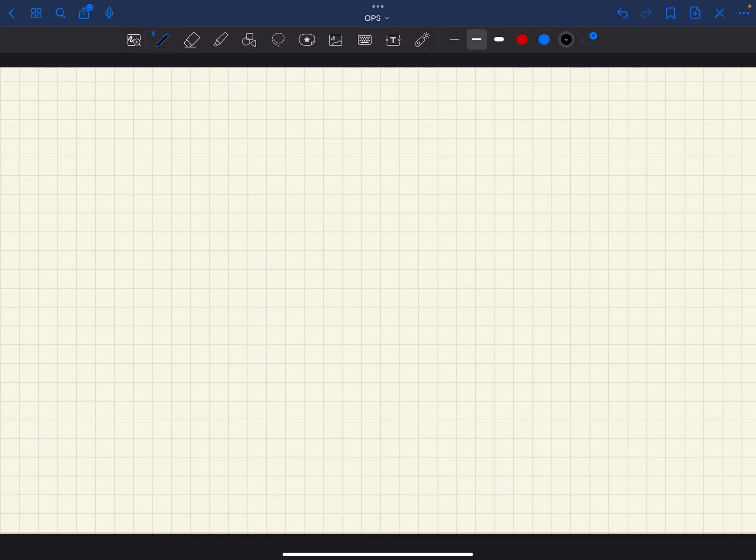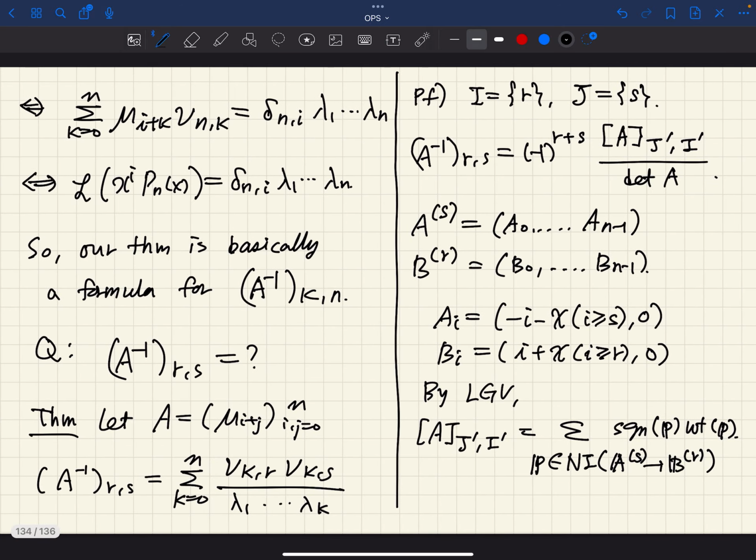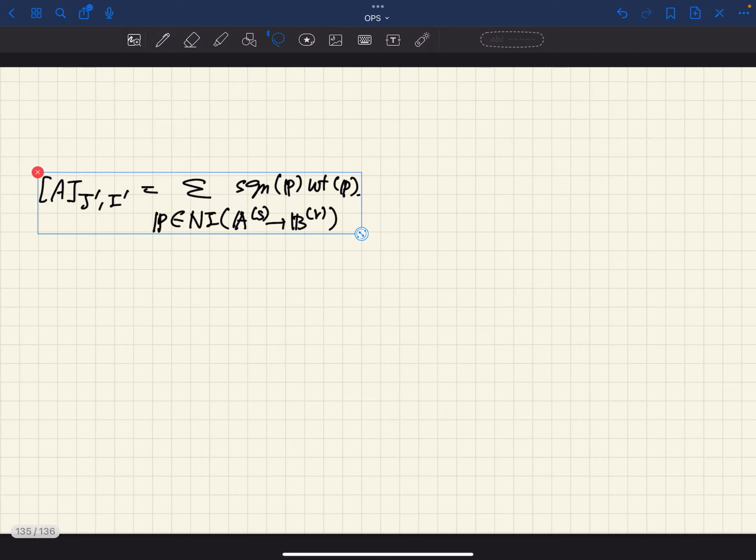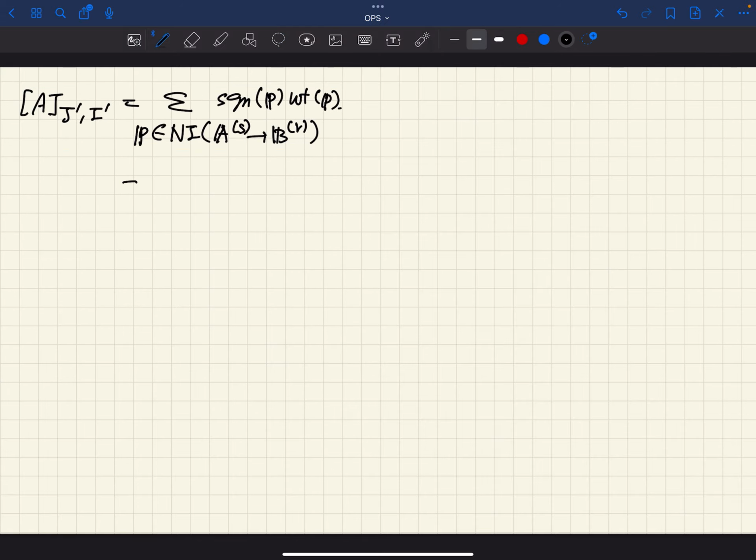Let me write it down. So this part is equal to the sum over all K. Actually, this must be from max R, S to N. I'm skipping some details.